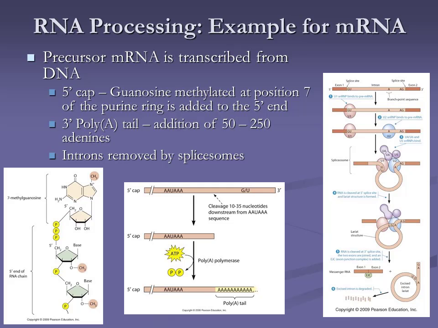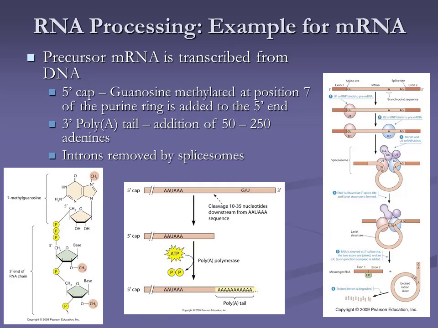Now we said the difference between prokaryotic and eukaryotic mRNA was polycistronic for prokaryotes, monocistronic for eukaryotes. Well, there's another difference. In our prokaryotes, the messenger RNA, all of the nucleotides have significance.